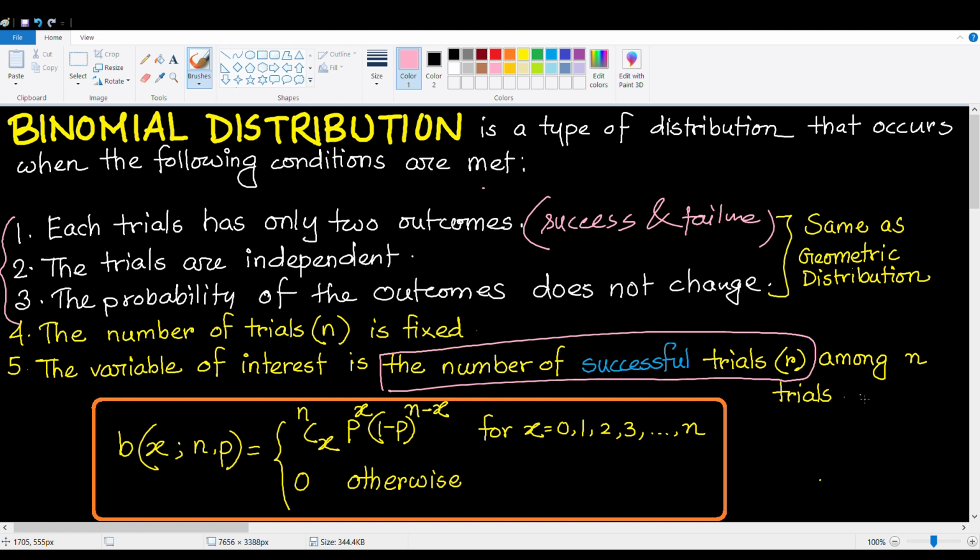In case of geometric distribution, we were interested in the total number of experiments required for one success. In case of binomial distribution, we are interested in the number of successful trials that can be 1, 2, 3, 4, any number that is less or equals to n and greater or equals to 0.